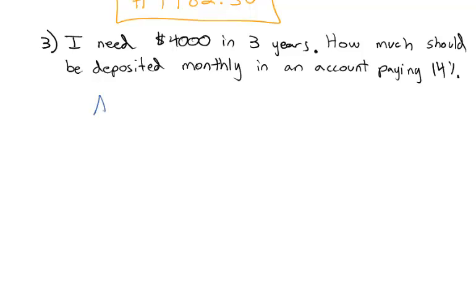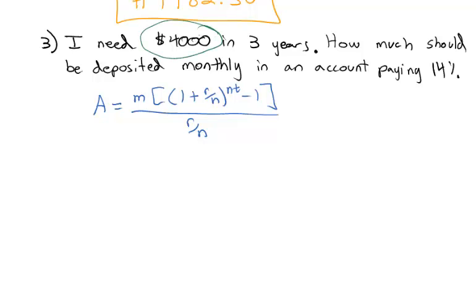So we've got the future value amount is equal to the monthly payment, 2 parentheses, times 1 plus r over n to the nt minus 1 all over r over n. The $4,000 that we need at the end in the future is our accumulated final amount.